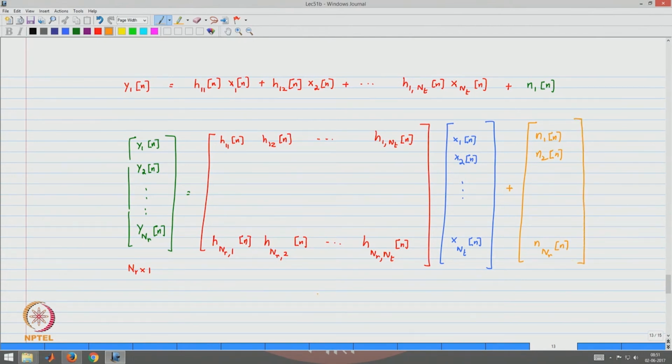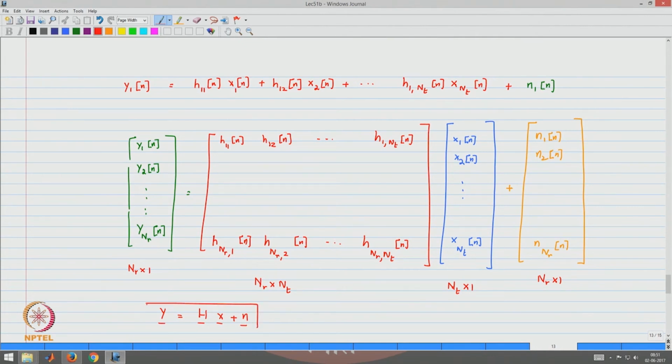Let us quickly write down the dimensionalities of each of the vectors. The channel matrix is NR cross NT. The transmit vector has NT components, so this is NT cross 1, and the noise is NR cross 1. Notice that it is dimensionally consistent, and we can write it in the following compact form: y is equal to H times x plus n.